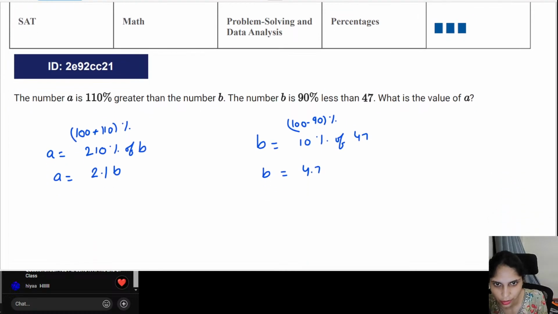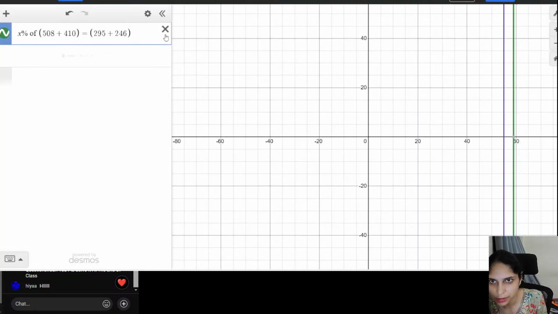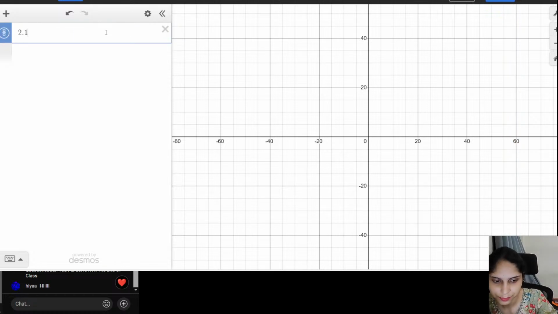That we have seen before. Now your B is 4.7. You have to find the value of A. So A is going to be 2.1 times 4.7. Use the calculator. A is 9.87.